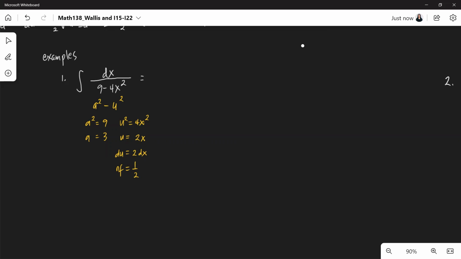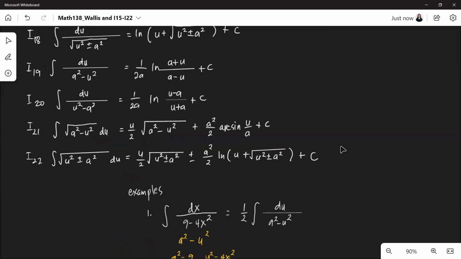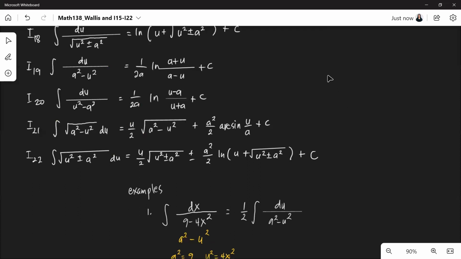So we can now write this in the form, and don't forget the neutralizing factor. It's already in the form du over a squared minus u squared. So according to the formula I-19, it's 1 over 2a times the natural log of a plus u all over a minus u, then plus c.